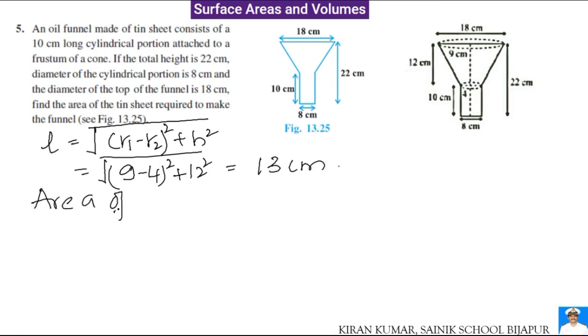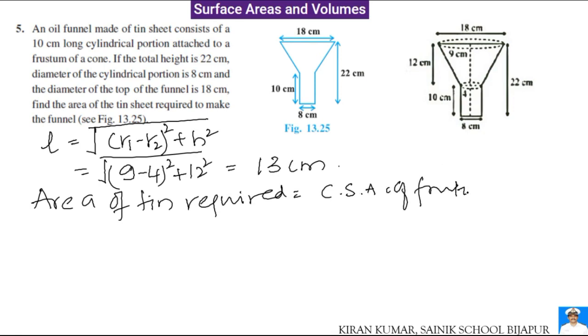So area of tin required will be equal to the curved surface area of frustum plus the curved surface area of cylindrical part.